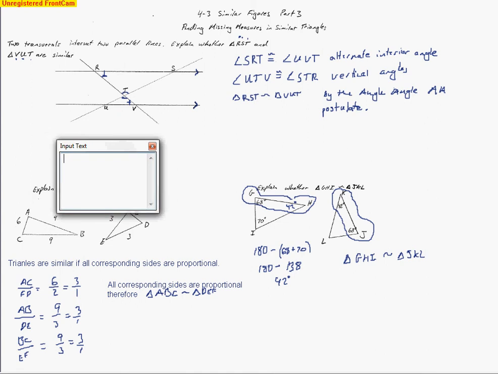We can state, because two angles in one triangle are congruent to two angles in the other triangle.